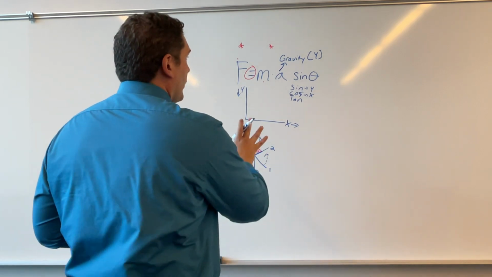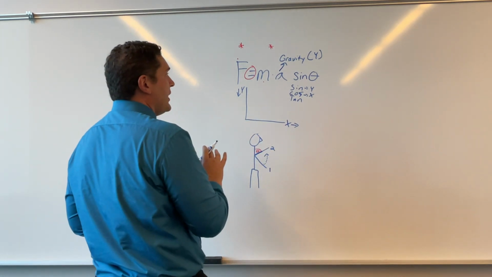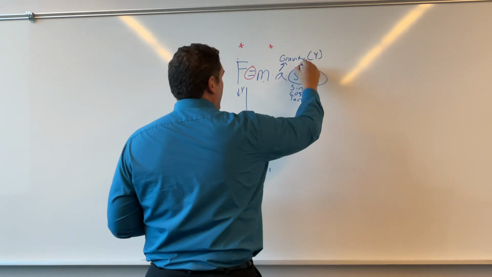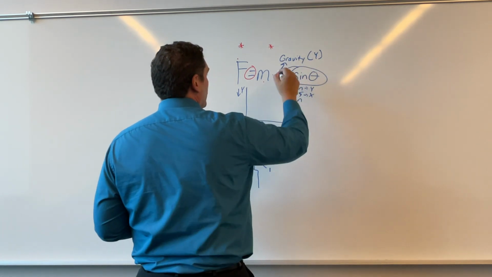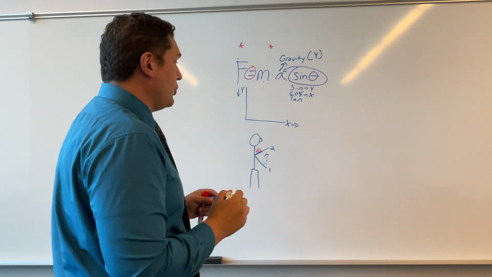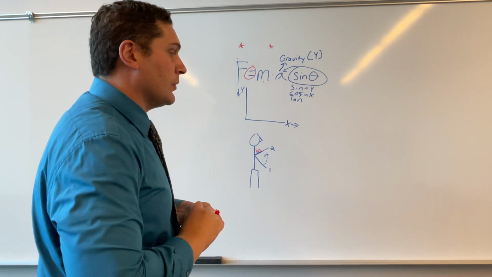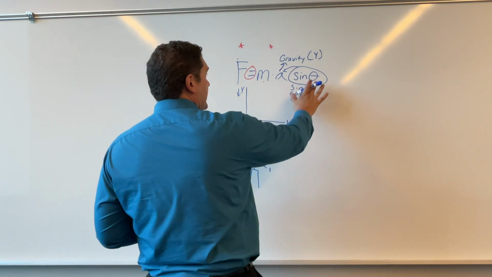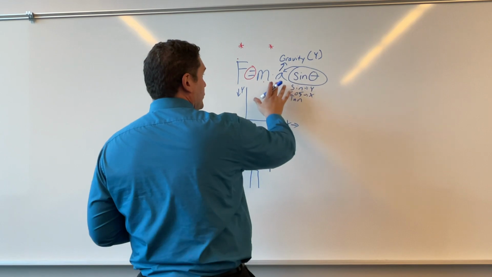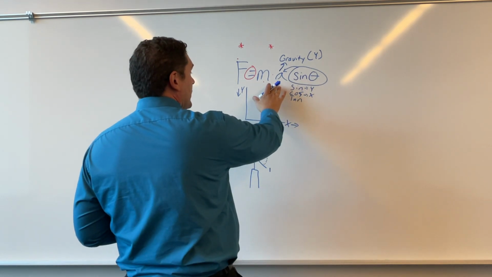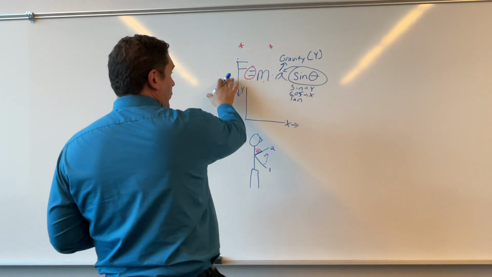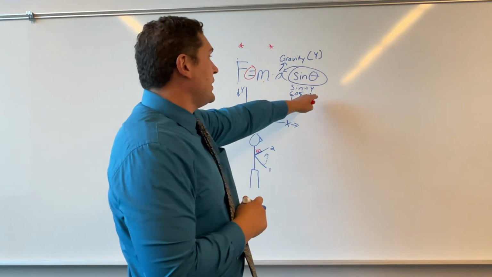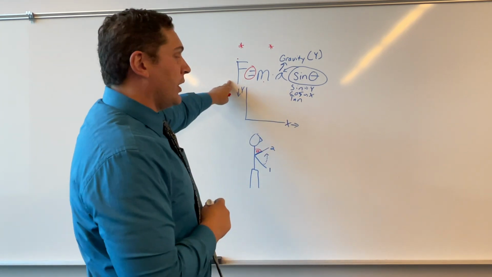But when I'm dealing with gravity, what I need to understand is that this joint angle is going to directly relate to mass and acceleration, especially mass. So my sine of theta will directly affect mass and acceleration, therefore affecting force. Okay, so the larger that joint angle is, the more force I'm going to have to provide.